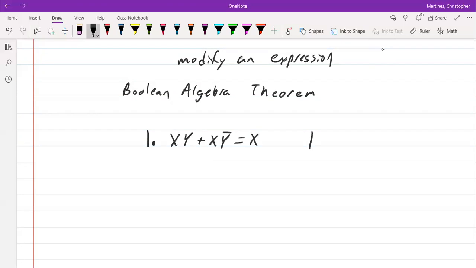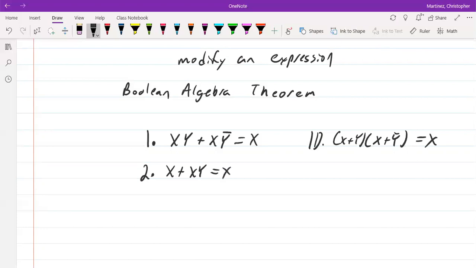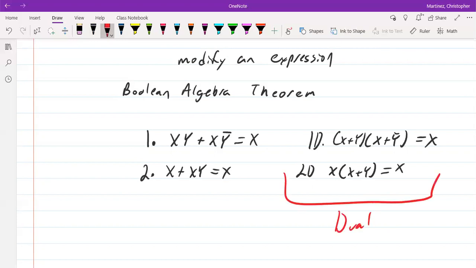And then right next to it, you'll have 1D, which says x plus y quantity with x plus y bar is equal to x. Then you might see something like number 2, which says x plus xy is equal to x. And then you'll have 2D next to it, and it'll say x with the quantity of x plus y is equal to x. Okay, so this whole section here, this is showing the dual property.